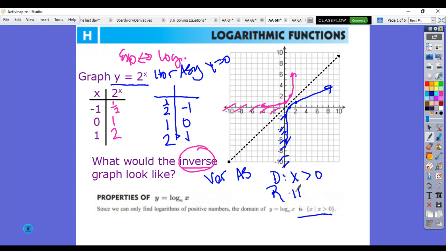You could say all real numbers for the range. We could also say -infinity to infinity. Either one of these answers is acceptable. Hopefully your R's look a little better than mine, but all right. So this is when you've got an exponential growth function that flips. So this would be log base 2 of x.